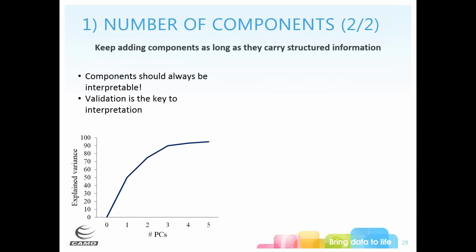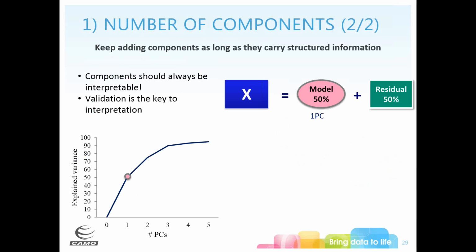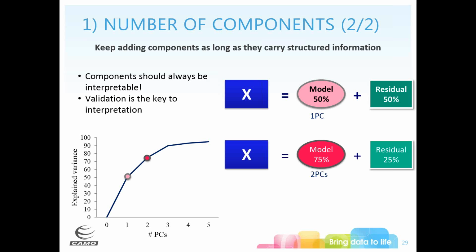Your components should be interpretable. That's important. So here's just kind of another thing. If we choose one principal component, in this case that's explaining 50% of our model, and there's 50% left over in our residuals. We add our second component. It can explain up to 50%, but not more, by definition of the math.